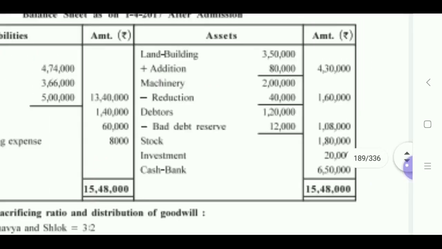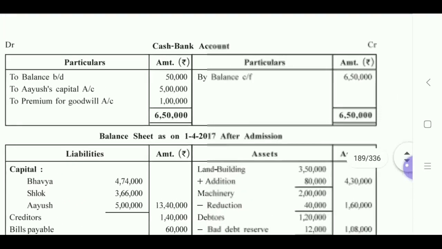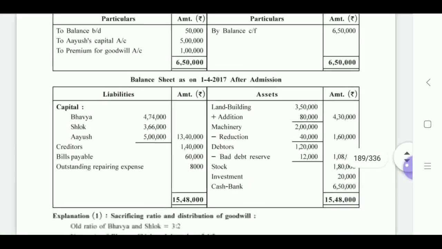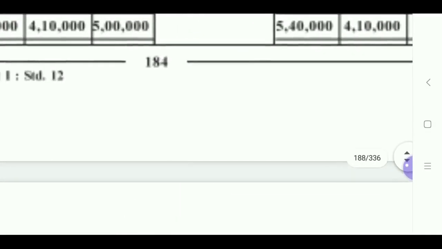6,50,000. Yes. And another thing is, whenever you transfer the answer of one particular account to another account, it is transferred on opposite sides. This is a trick to remember. See, here it is on credit side, here it is on debit side. Balance sheet में asset side, right hand side is debit side.